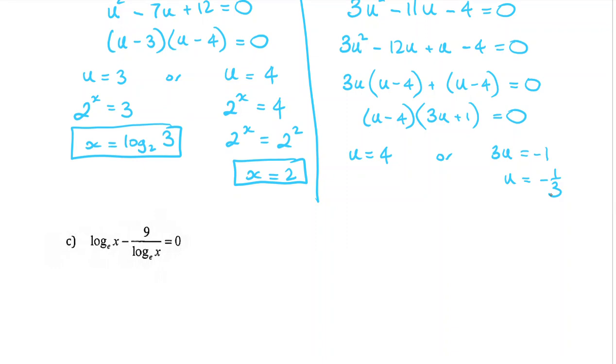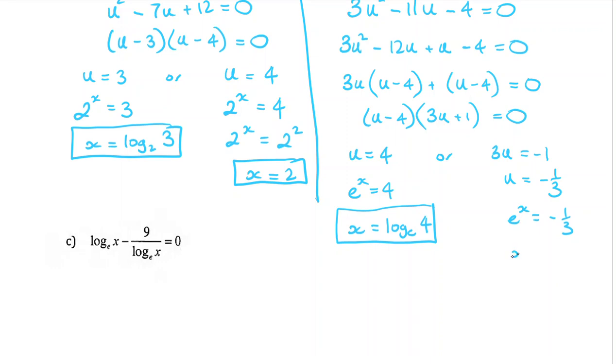So u equals e to the x is 4, and e to the x equals minus a third. What about this e to the x equals 4 business? What should I do? Slide the base. So keep the x here, slide the base e over, log base e of 4. There's your first one.